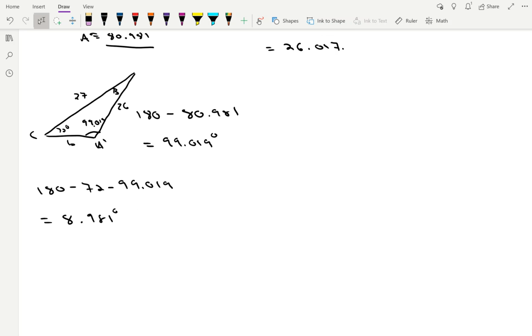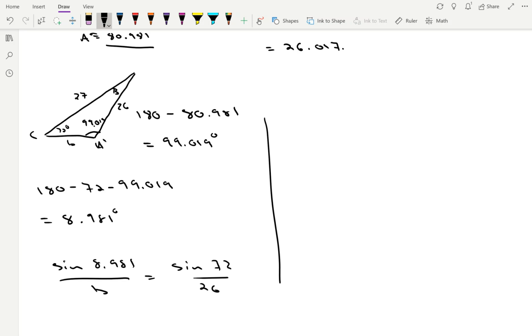And okay, so now we have to get little b. So sine of big B, 8.981, all over little b, equals, I'll stick with C, sine of 72 degrees over 26. So I do it kind of quick.